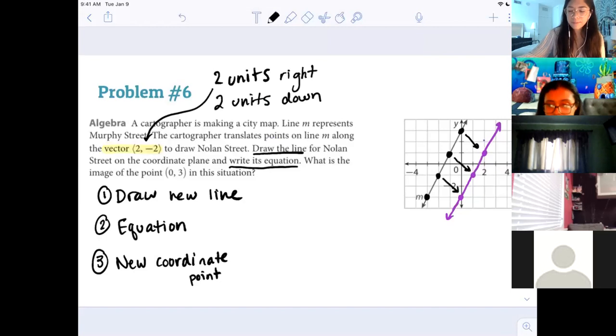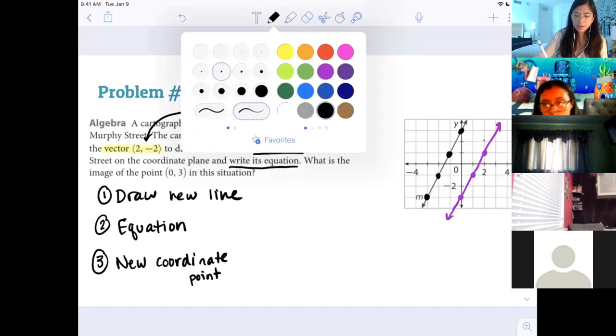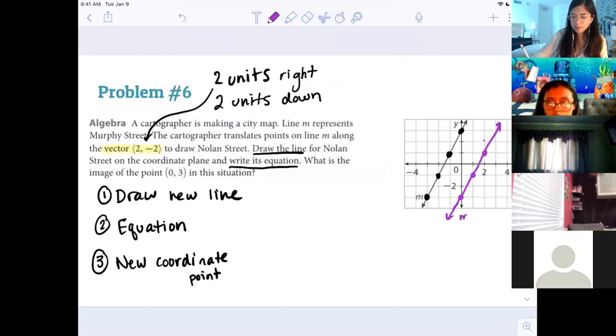That's all that happened. Before we move on with the question, I want us to notice something about the two lines, line M and line M prime. What do we notice about them? They're parallel. Good.